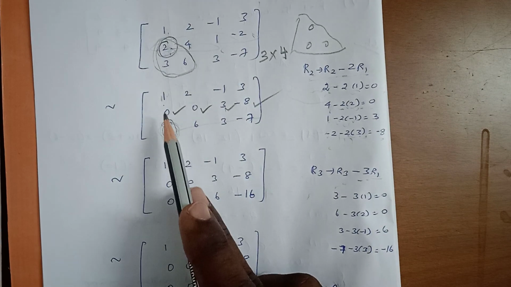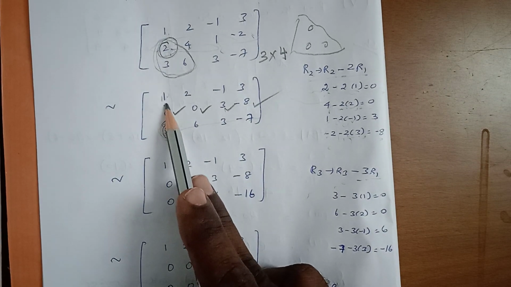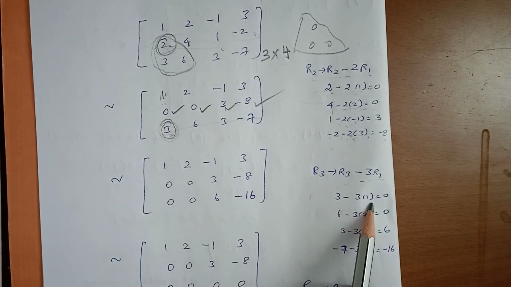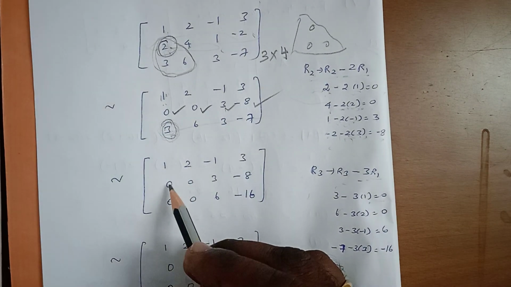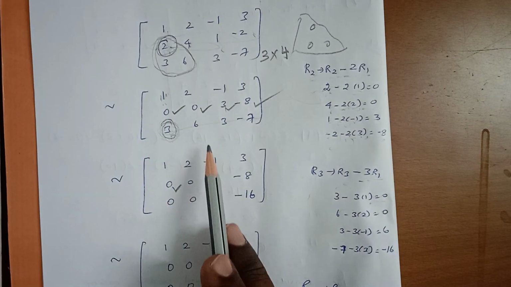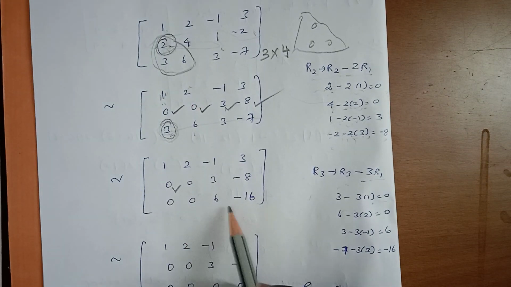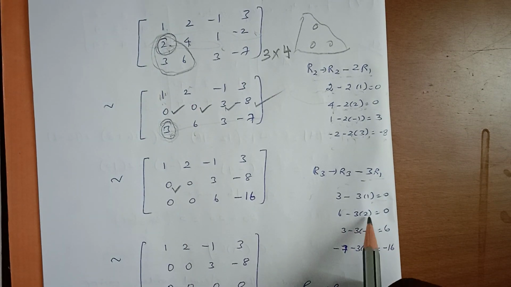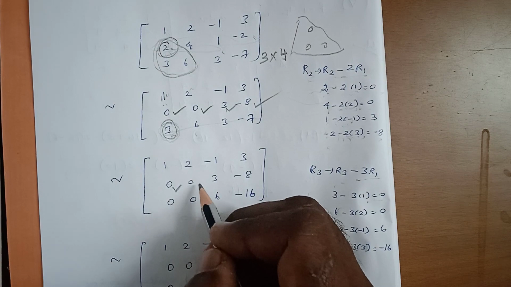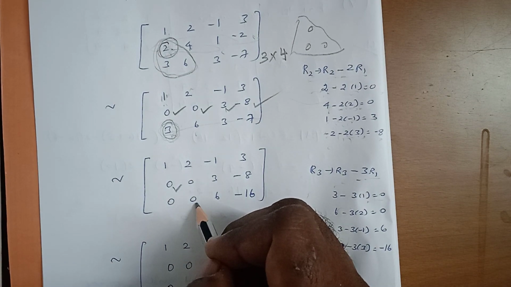So R3 is 3, and 3 minus 3 into 1 is 0. The first one is 0. Again 6 minus 3 into 2, which is 6 minus 6, is 0.